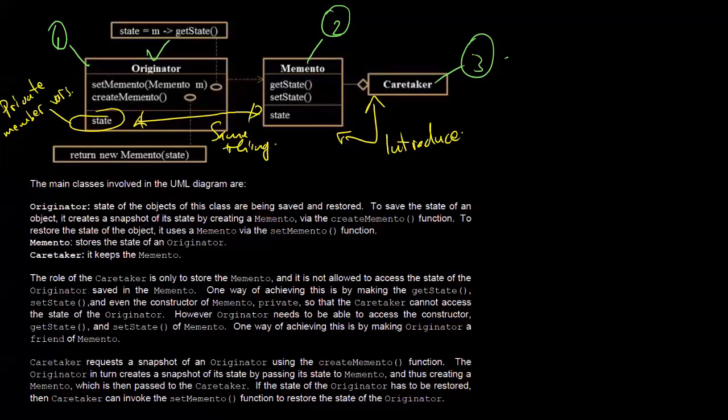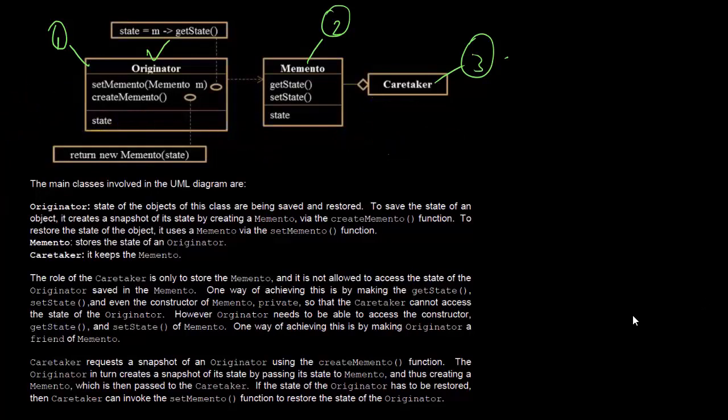So in other words, if we come back to what's going on here, your create memento function is taking this state and making an instance of a memento using the set state function. So it takes the current value of this state and makes an instance of a memento, set state.